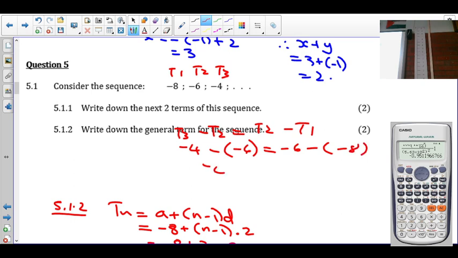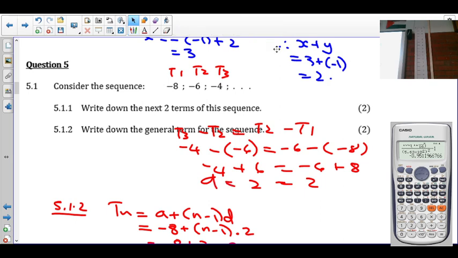So that gives you minus 4 plus 6 is equal to minus 6 plus 8, which is 2 is equal to 2. Can you see that? So therefore that is linear. There's a common difference. But in the other sequence you didn't have that common difference, so therefore it won't be linear.